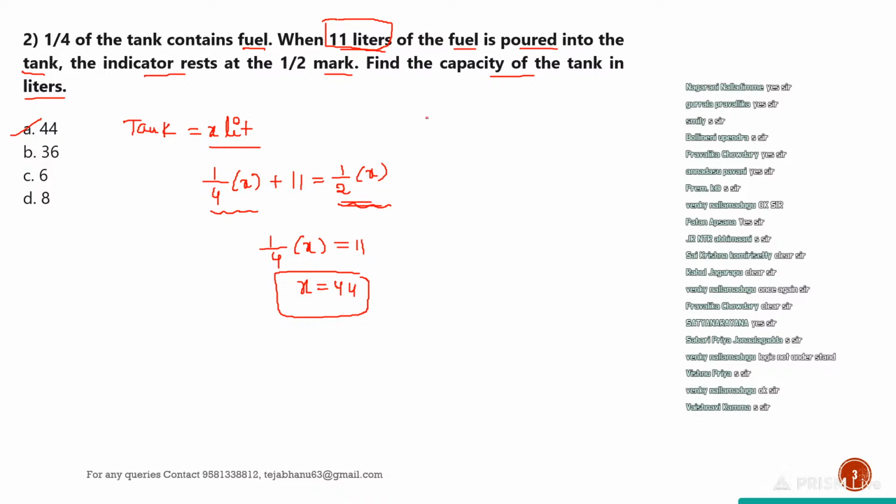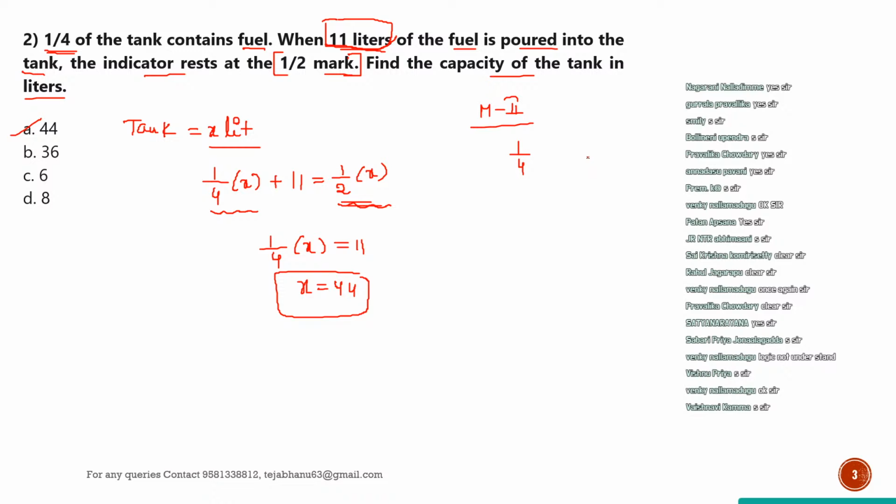Now, have a look at method 2. The tank indicates a half mark after pouring the 11 liters, right? That is, this 11 liters is equal to 1 by 4th. Why is it equal to 1 by 4th? Because here he has given 1 by 4th full before, and after that it shows half.